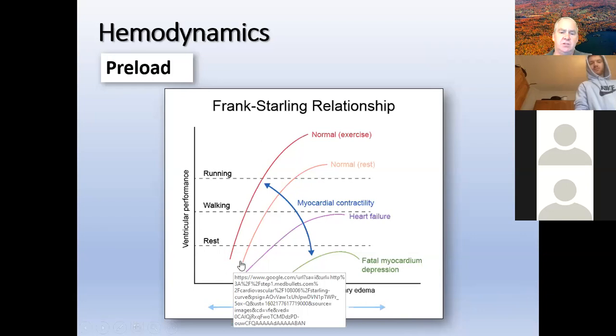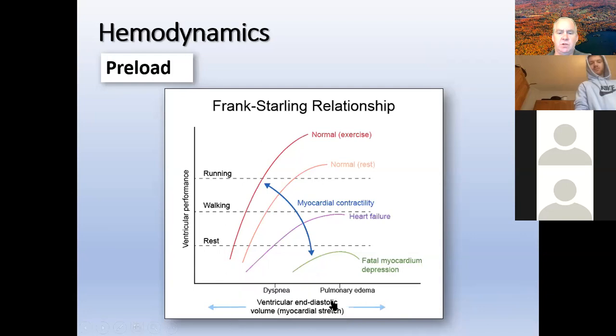So going from here to here is stretch, and here to here is performance. So this is what we just saw, where you have a normal heart that's not being stimulated by the sympathetic nervous system, and how stretch changes the stroke volume.